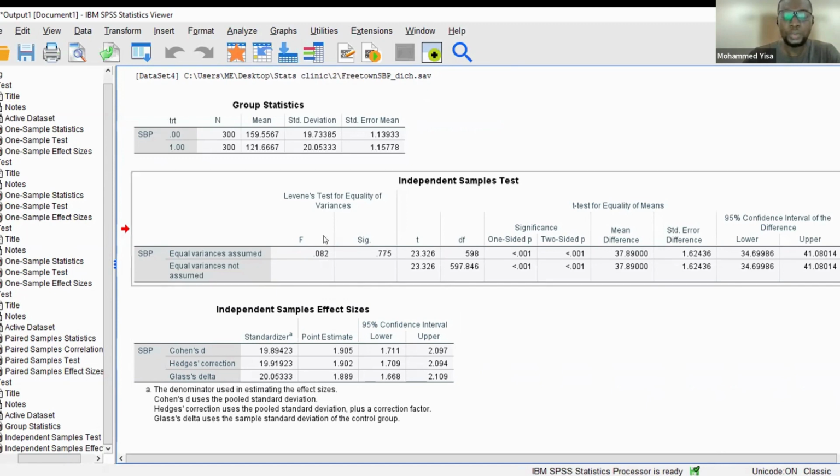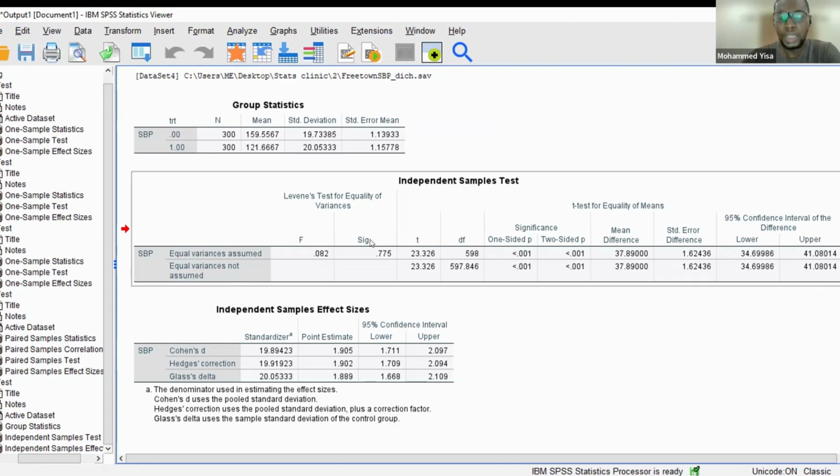So if you look at it here, this is Levene's test, and it has two rows. We're interested in the row that says equal variances assumed.